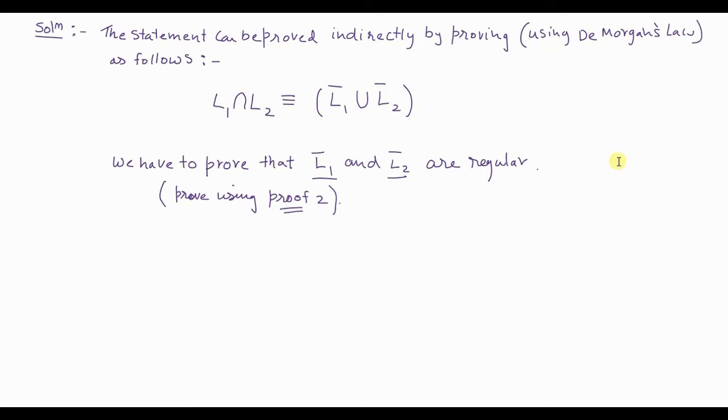Now once we know that L1 bar and L2 bar are regular, then we can use proof 1 that we have already seen, that if L1 and L2 are regular, then L1 union L2 is also regular. So in our case, using proof 1, we can show that L1 bar union L2 bar is also regular.